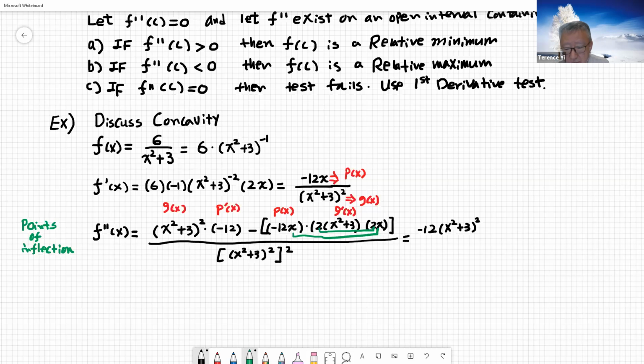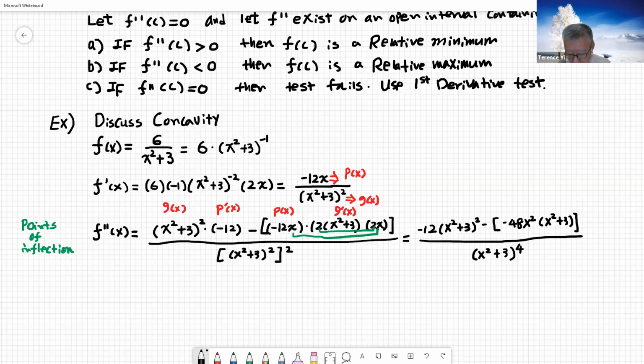Is it? Yes. So I'm going to rewrite this one over here. So I have minus bracket, 2x times 2 times minus 12x, I have a minus 48x squared. Then I have x squared plus 3. Then at the bottom over here, I have (x squared plus 3) to the 4th.